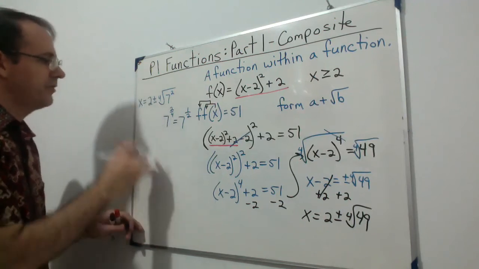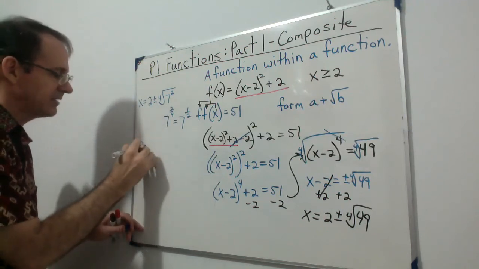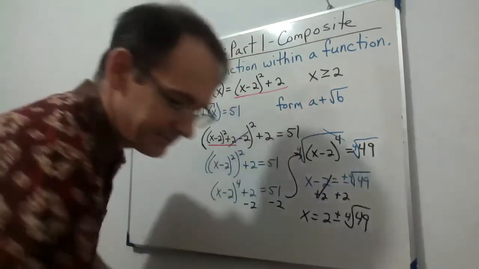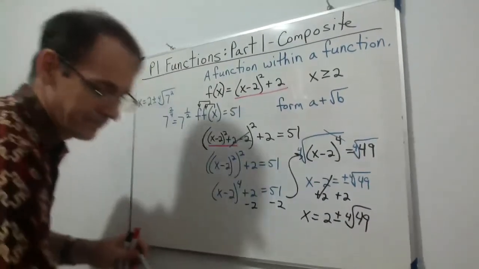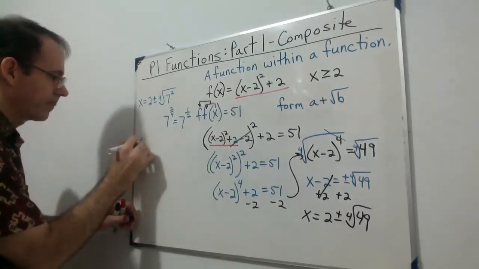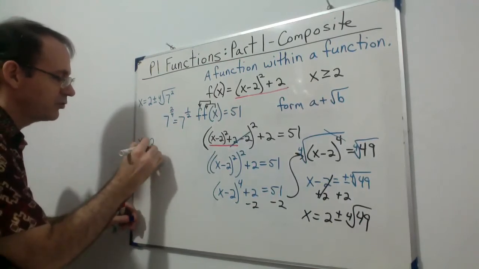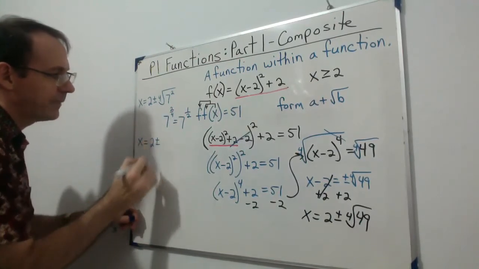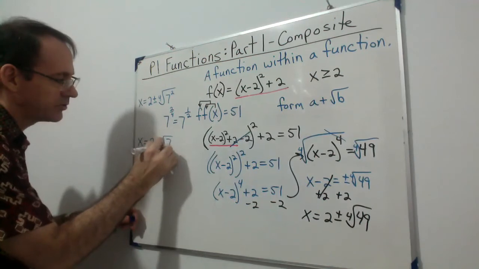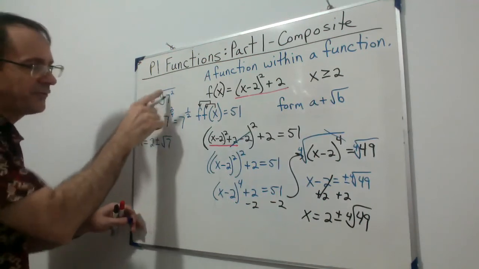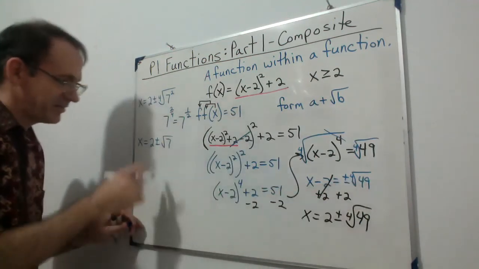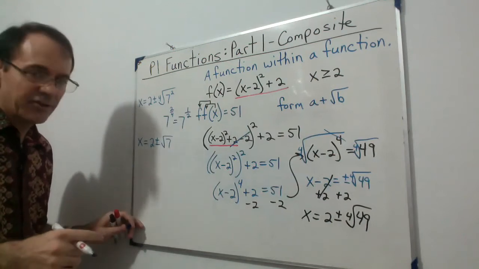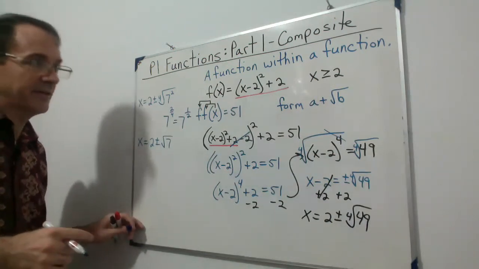Okay? So this can be rewritten as x equals 2 plus or minus the square root of 7. So the fourth root of 49 is the same thing as the square root of 7.